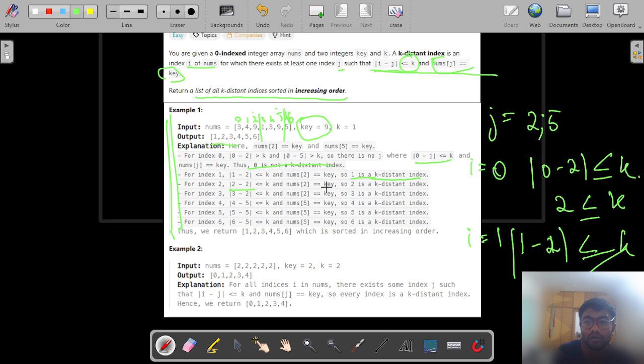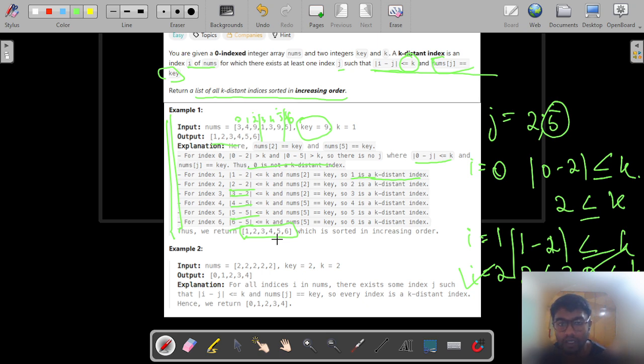Similarly, i equal to 2 also will be a valid situation. 2 minus 2, which is 0, is less than or equal to k, right? So 2 is also valid, and 3 is also a possible value, 4 is also a possible value. And since we have 5, 5, 6, these are also possible values. So this is the output array we need to return.